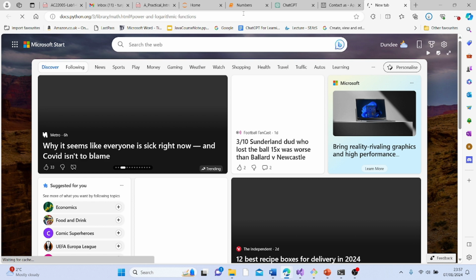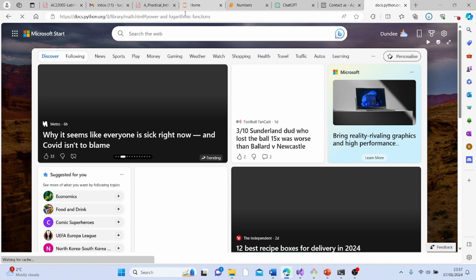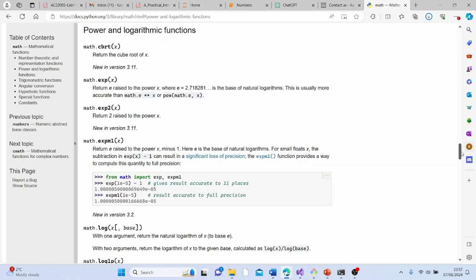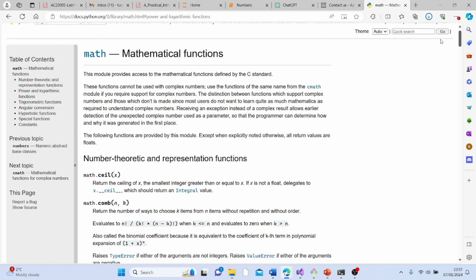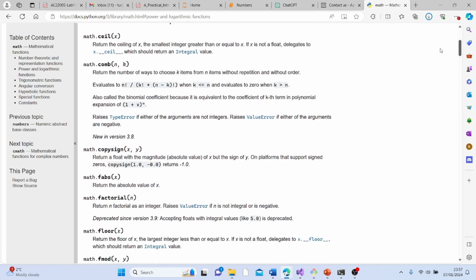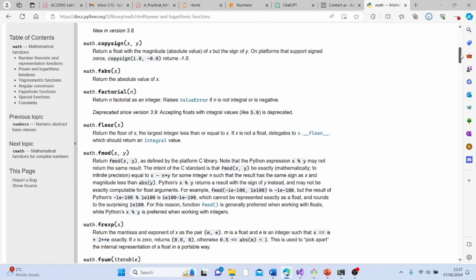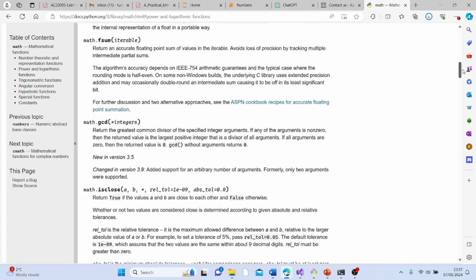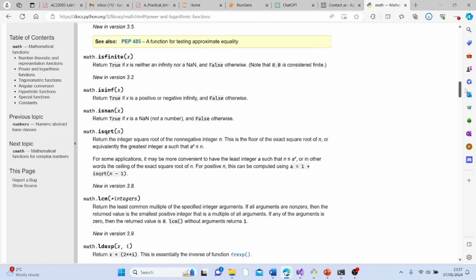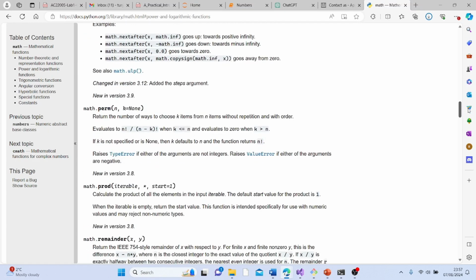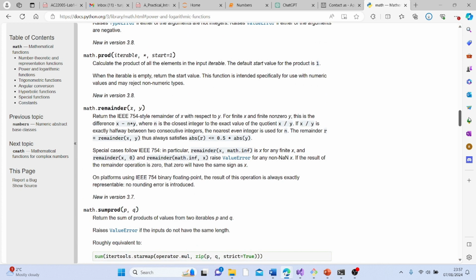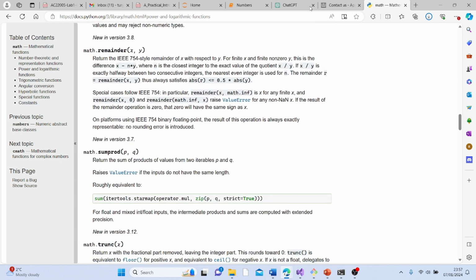So we have the Python documentation, this math Python documentation, which shows you different kinds of functions you can use in this module. So you can read through this documentation and see how each of those functions work and use them.